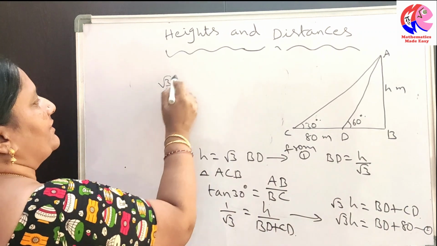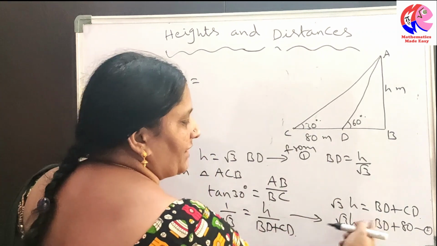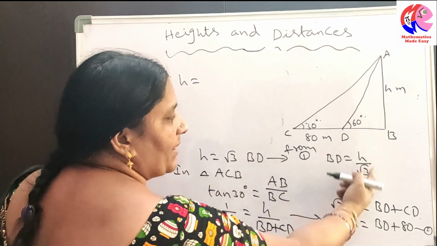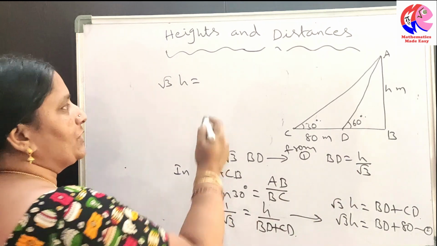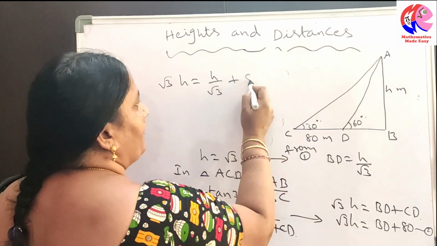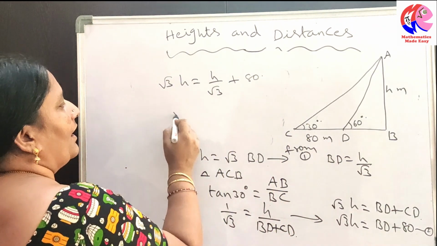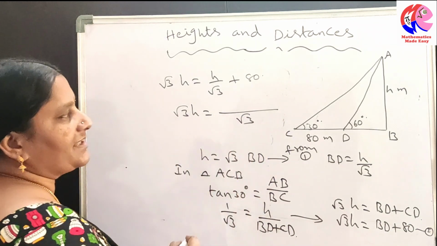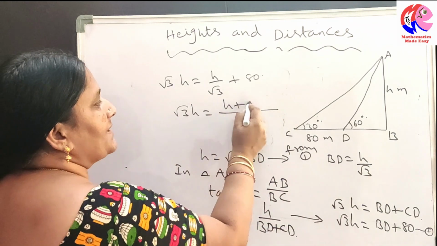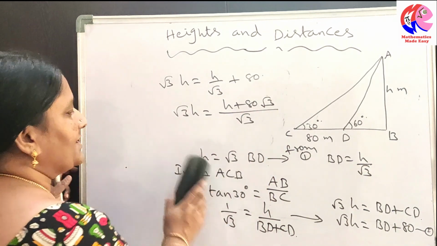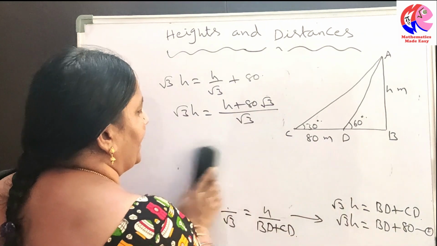Then root 3 h is equal to, in place of BD, I am taking h by root 3 plus 80. Then root 3 h is equal to, take LCM here, root 3 is the LCM, then h plus 80 root 3 it becomes. Then let us do the cross multiplication here.